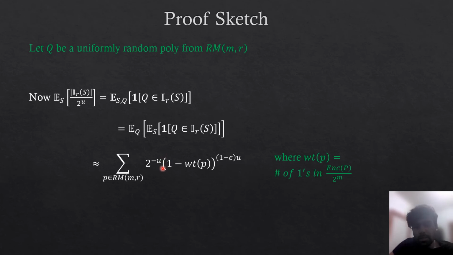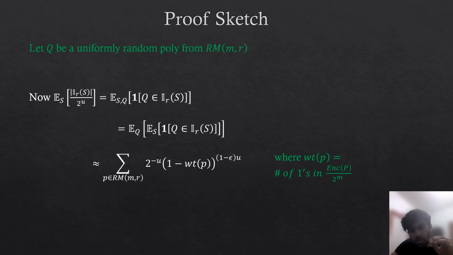And what is the chance that, given we've chosen p, the k points that you're going to choose at random all happen to lie in the zero set of p? Because this is exactly when p will belong to the space of polynomials which vanish at all points in S, right? So this is roughly going to be 1 minus weight p, where weight p is just the fractional weight of p, the number of ones in the encoding of p divided by 2 power m.